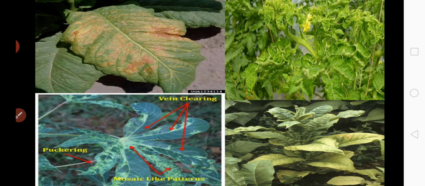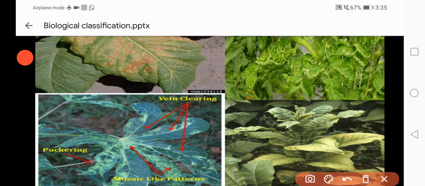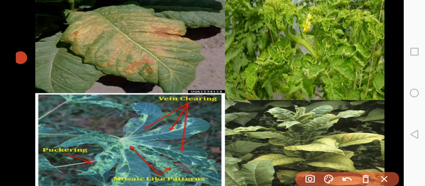So these are the pictures of the symptoms of viral diseases in plants. The first image is the mosaic formation in a tobacco leaf.